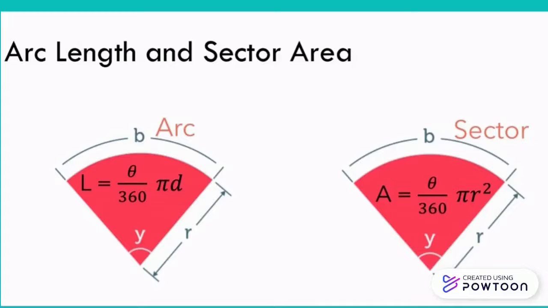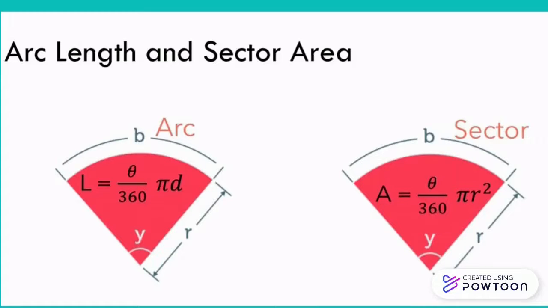Moreover, remember that a sector of a circle is a pie-shaped part of a circle made of the arc along with its two radii, and the formula for a sector area is equal to theta over 2 pi times r squared.